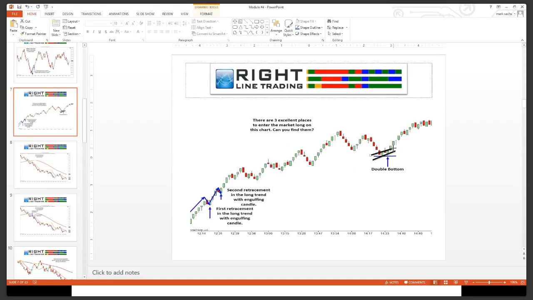The channel does not. The channel only is based on candle bodies. Triangles only based on candle bodies. But tops and bottoms use the wick. And that's just Japanese candlestick dogma. So there's the low. It's almost at the bottom. It comes back, and really what you have is a double bottom.